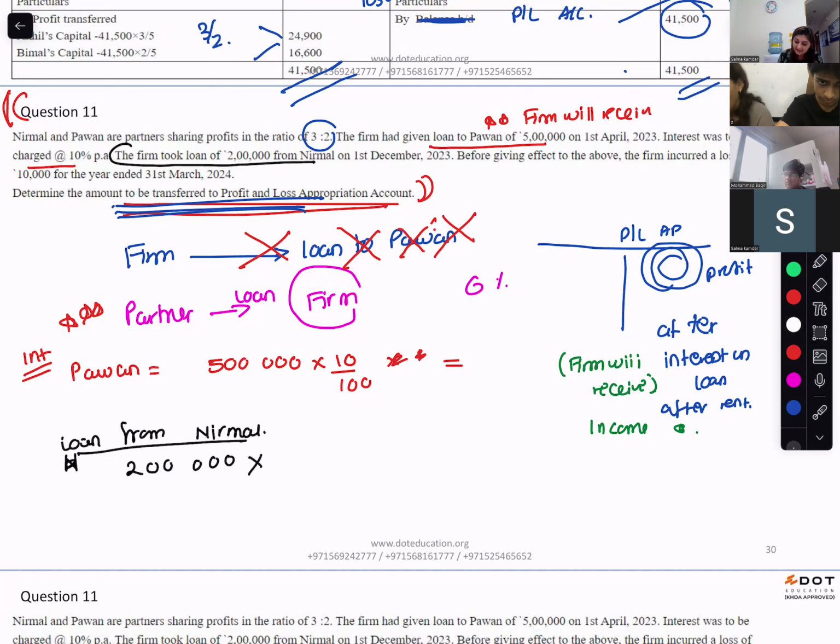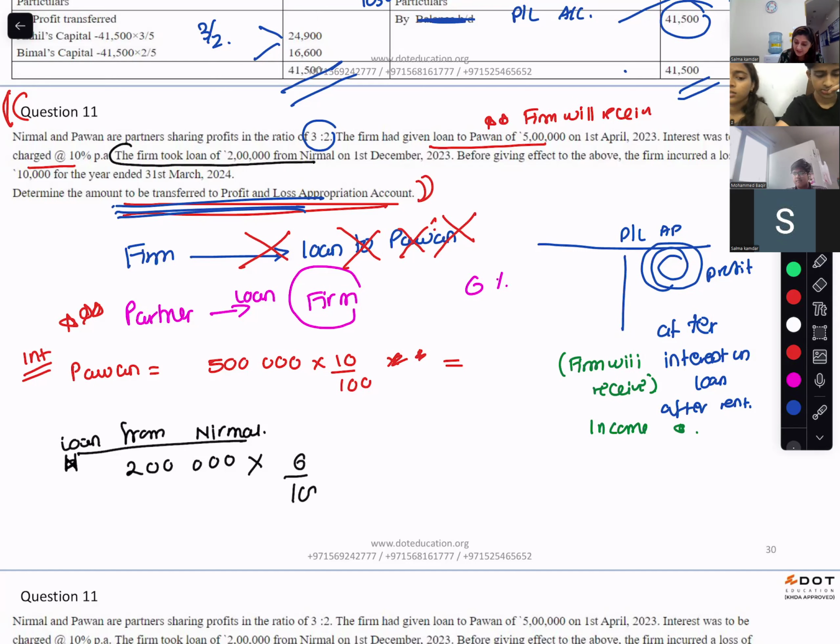How much percent? Not given. Is there anything mentioned over here? No. If nothing is mentioned, for a loan by the partner to the firm, how much percent? 6%.